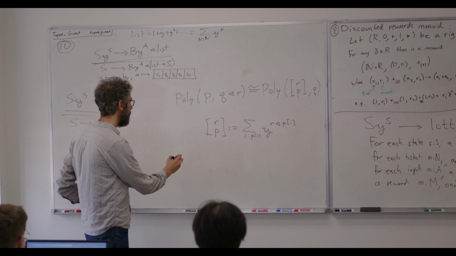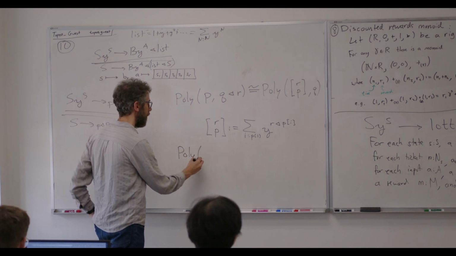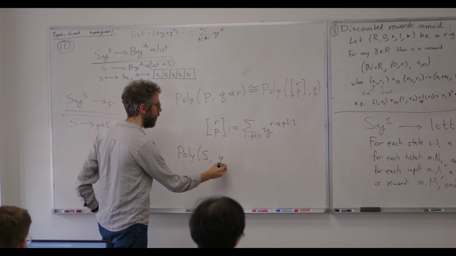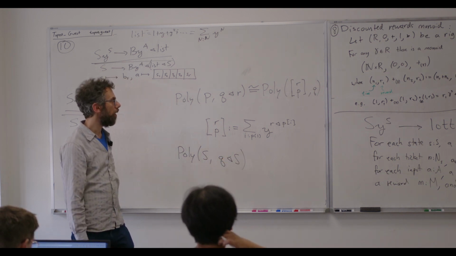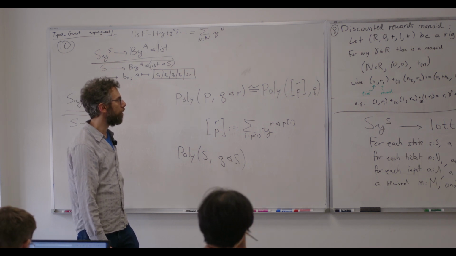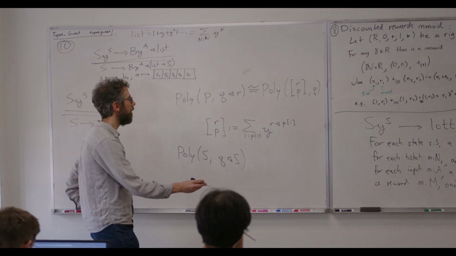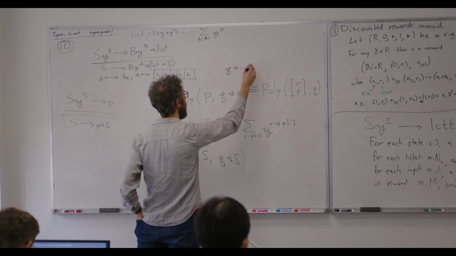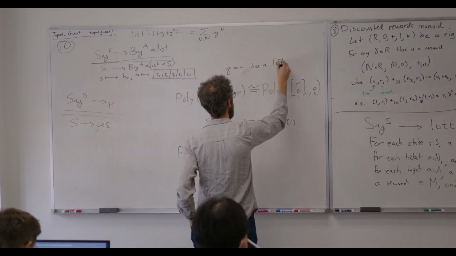So what is a map from s to q of s? Q composed with blank has a left adjoint.